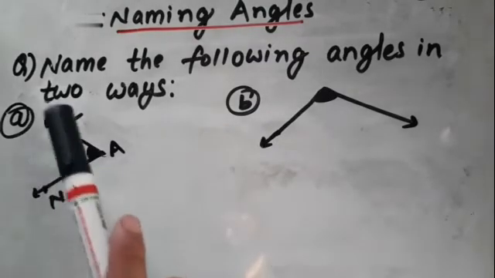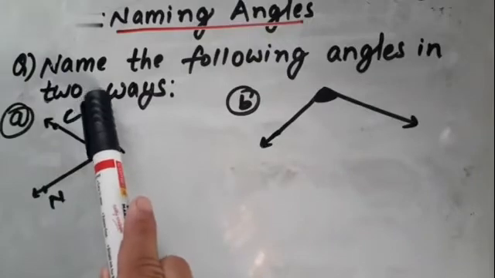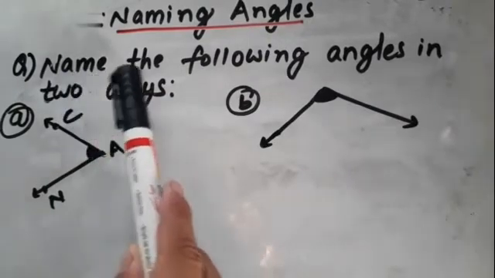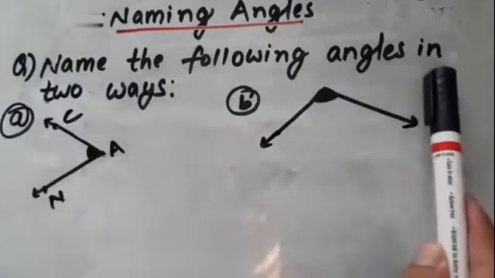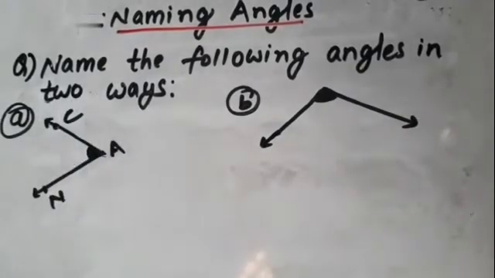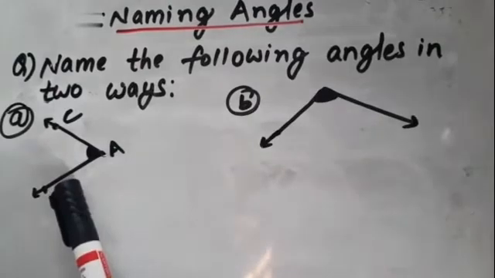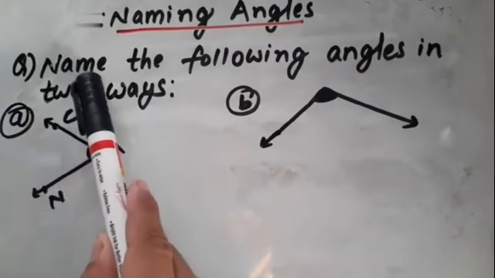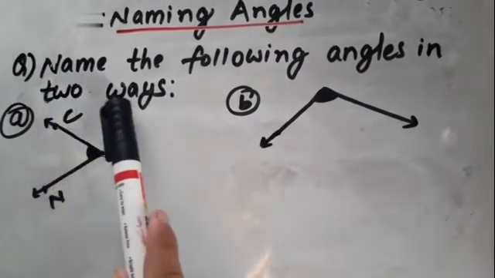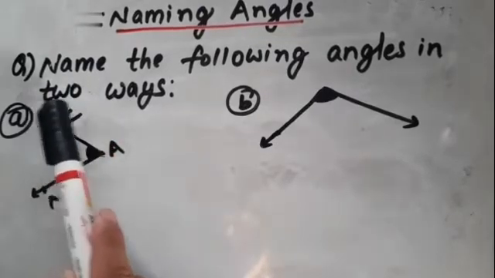Students, please look at the board very carefully. Name the following angles in two ways. Here you are given different angles and you have to name these angles in two ways.